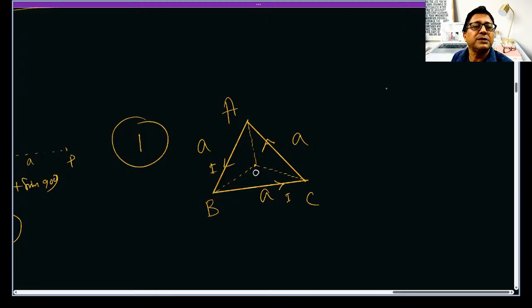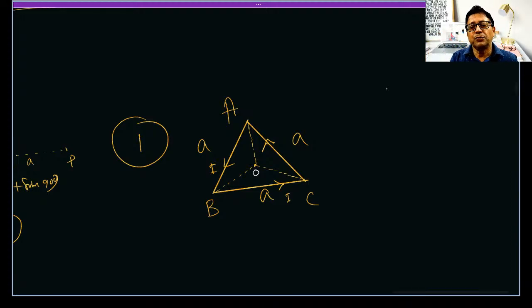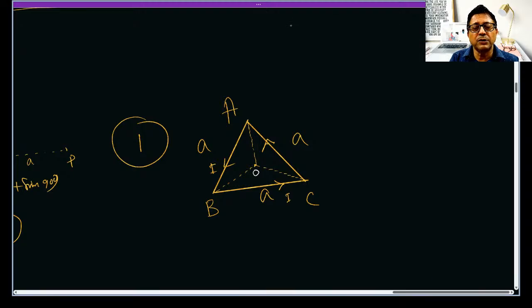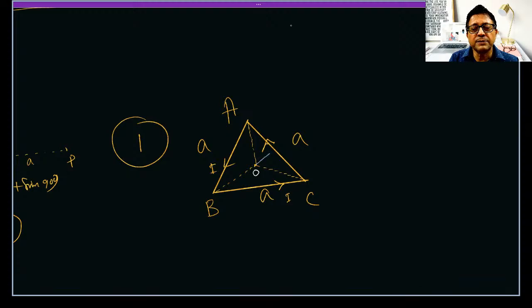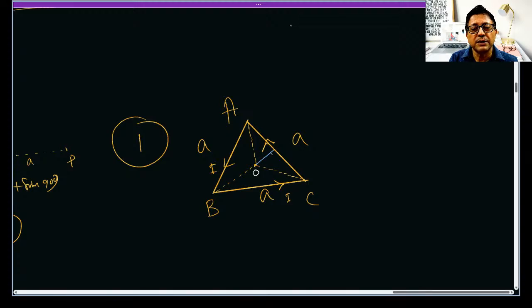You can use symmetry. For the wire BC, whatever magnetic field there, for CA it will be the same, for AB also. Isn't it? At which point are you going to find it? You are going to find it at O. This be the perpendicular distance, O to M. For one wire, let us do.